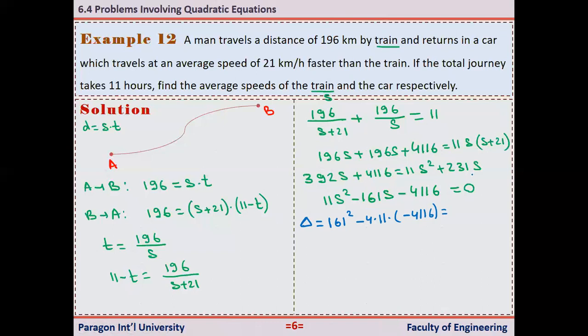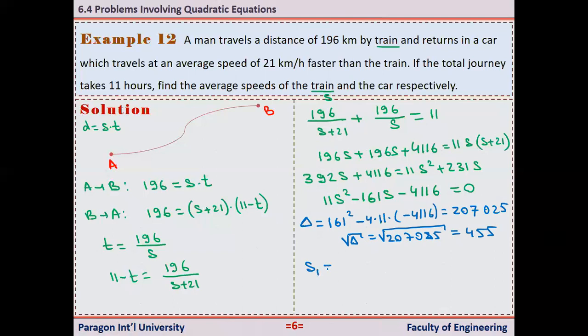That's equal to 207,025. And what is the square root of delta? Using a calculator, the square root of 207,025 is equal to 455. Good, it's a whole number.